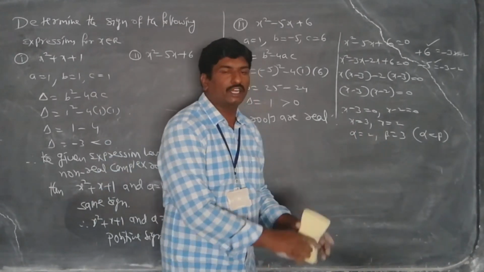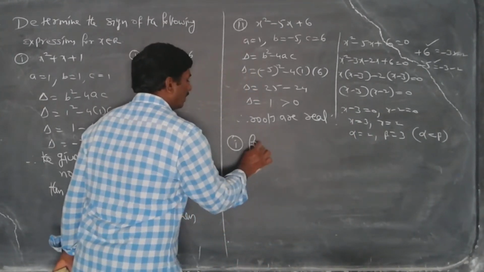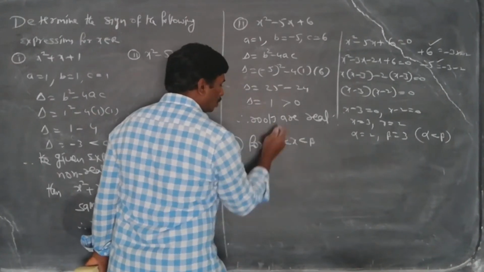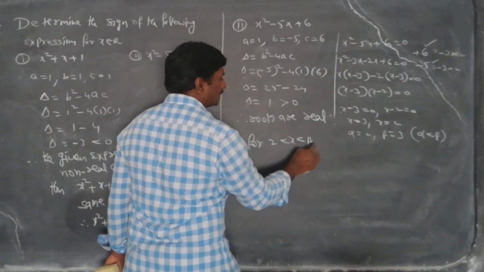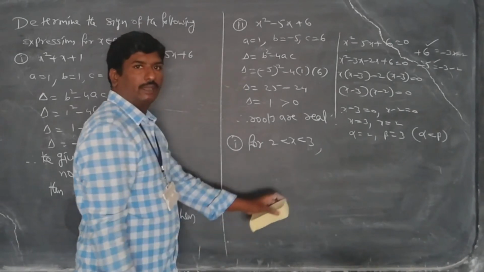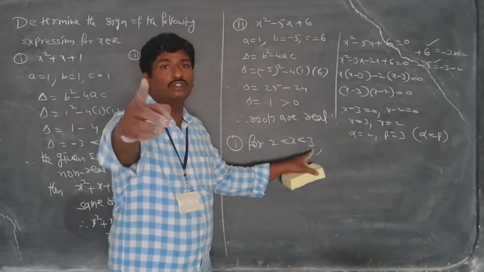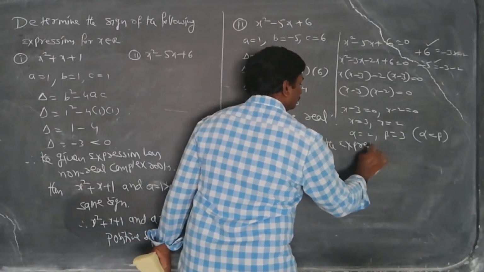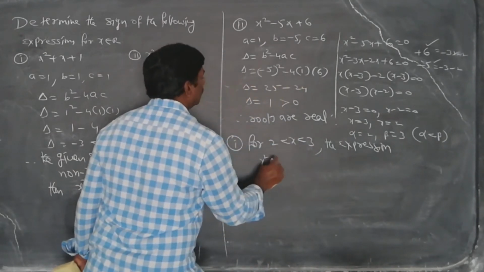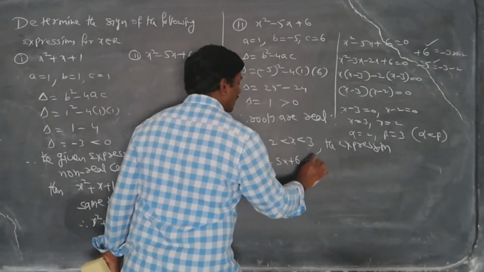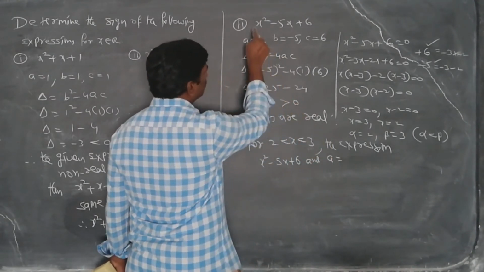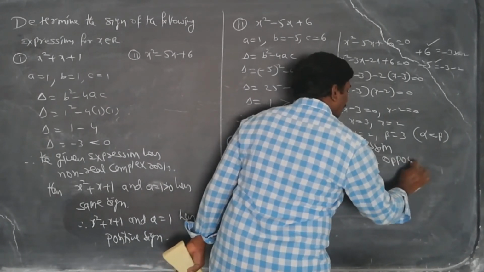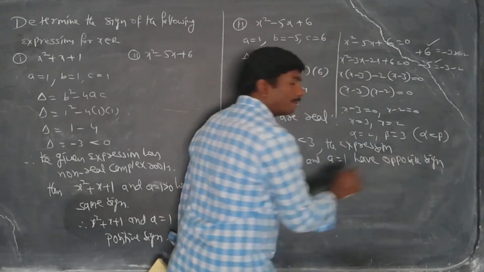Now in this condition, what can we say? The first condition is for alpha less than x less than beta. Alpha means 2, beta means 3. That means for 2 less than x less than 3, what can we say? See the third note. The expression x square minus 5x plus 6 and the coefficient of x square, a equal to 1, have opposite sign.